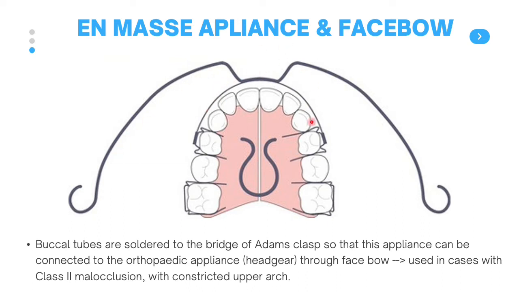The inner bow is connected to the en masse appliance through the buccal tubes that are soldered at the bridge of the Adams clasp on the premolar, and then the outer bow is connected to the headgear. So the buccal tubes are soldered to the bridge of Adams clasp so that this appliance can be connected to the headgear through face bow. It is used in cases with class 2 malocclusion with constricted upper arch.